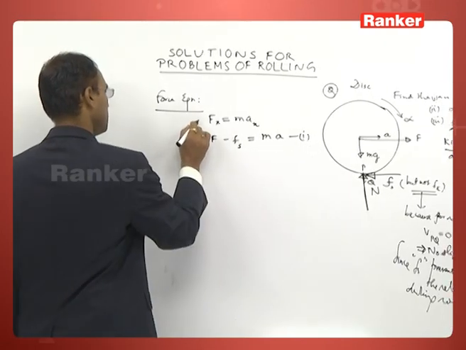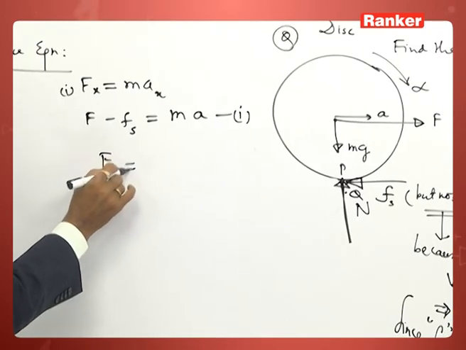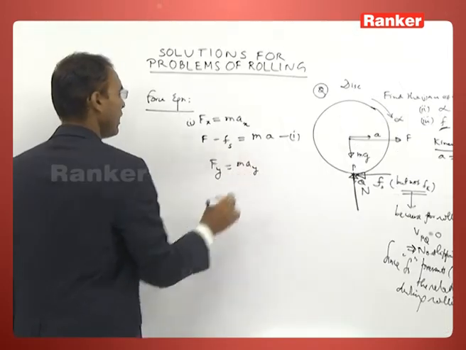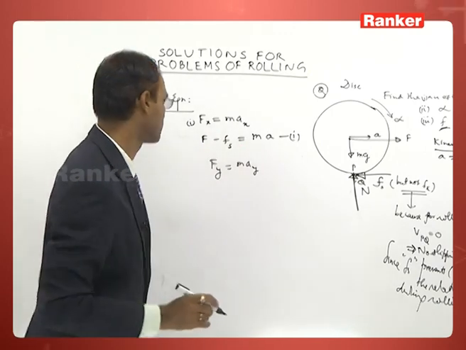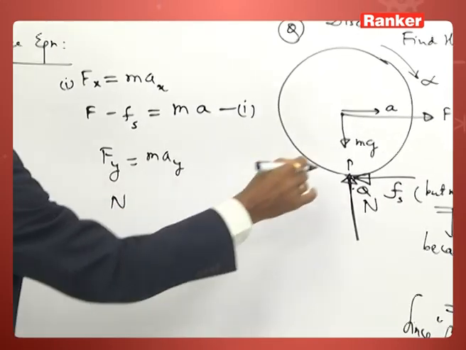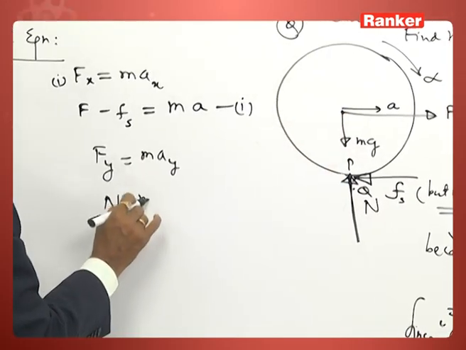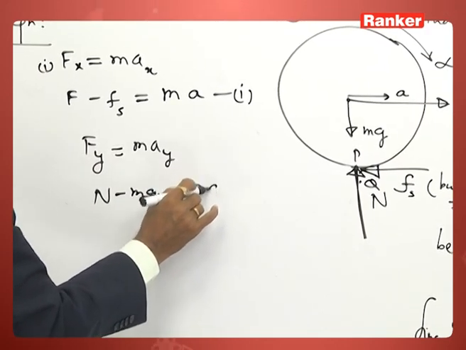Next, the net force along y direction is equal to m into its center of mass acceleration along y direction. Along y direction, one force is acting up, that is plus, and the force is acting down, that is minus, is equal to m into ay.